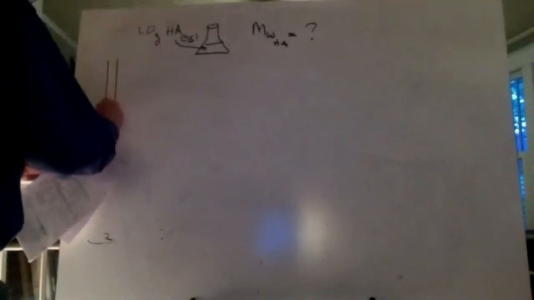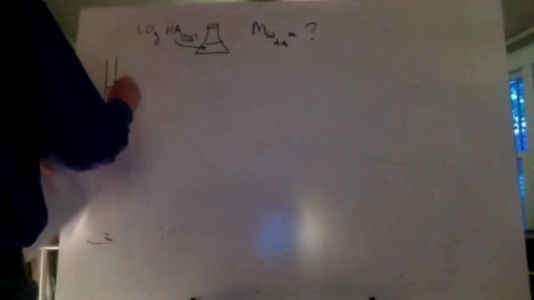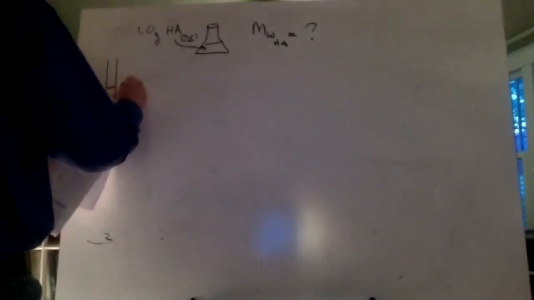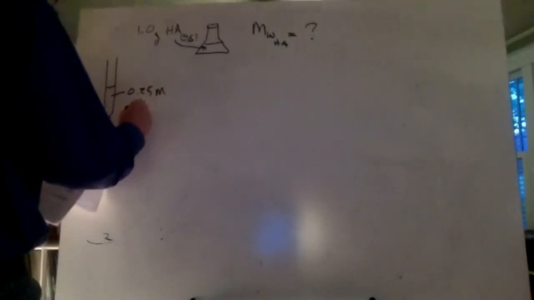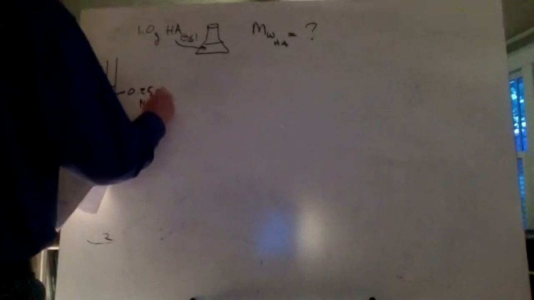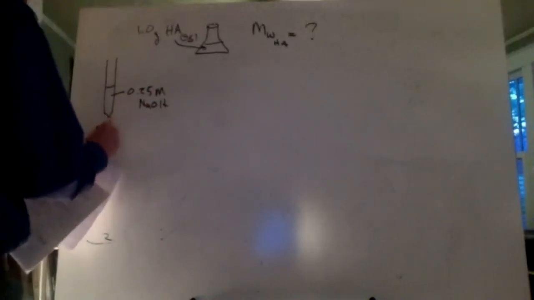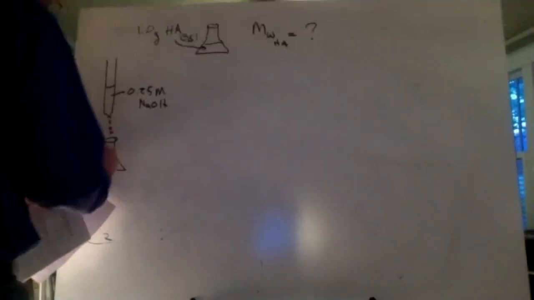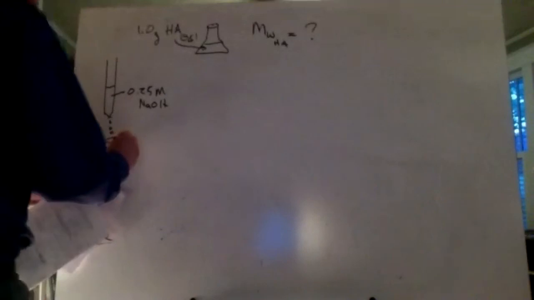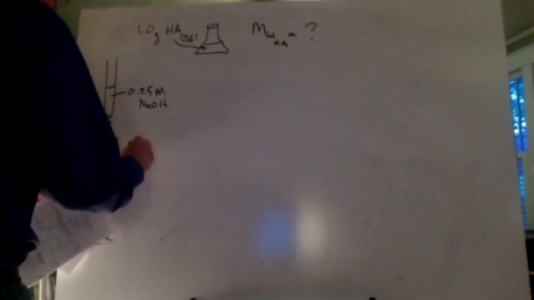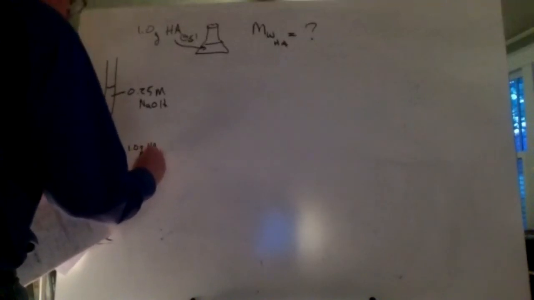So we take a burette and we take a 0.25 molar solution of NaOH, sodium hydroxide, and we add that dropwise into our solution of this acid. Okay? And this is our 1.0 gram of HA dissolved in water.